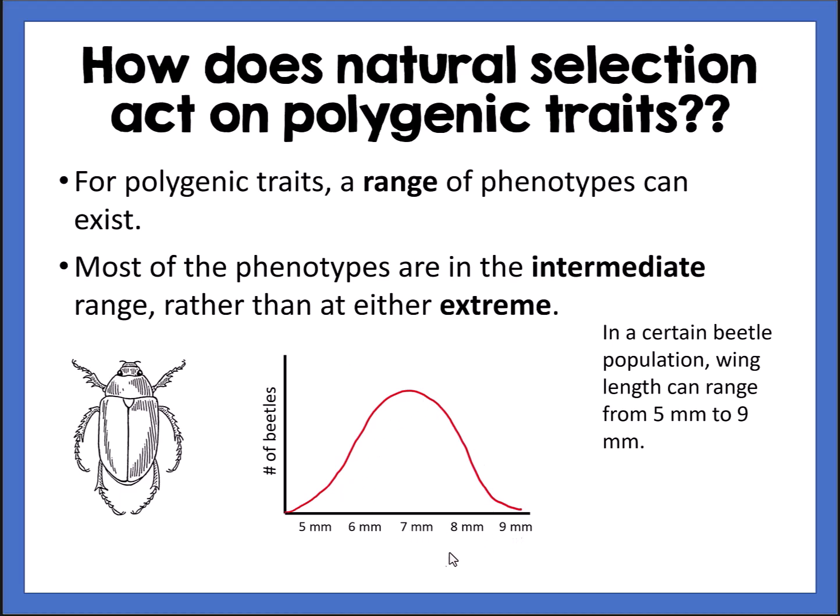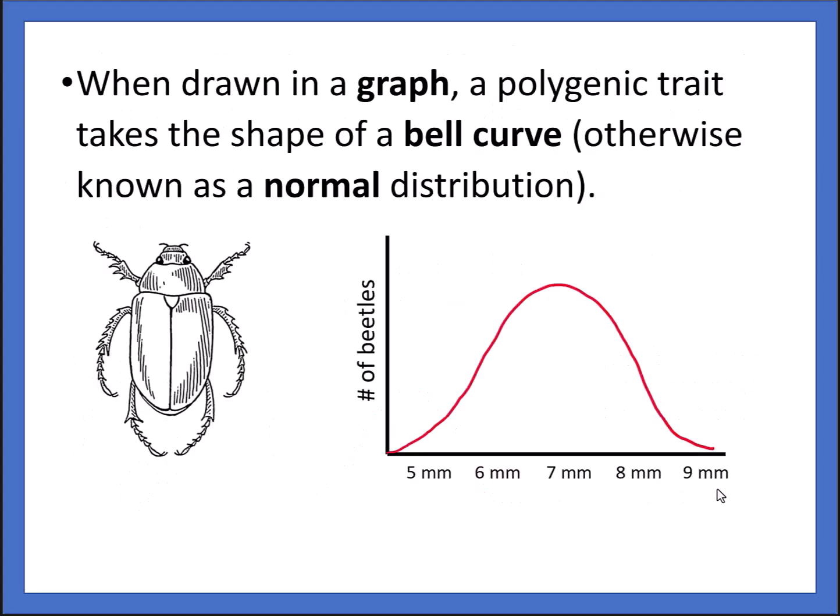But 7 millimeters in the middle is going to be where we get the highest number of individuals. So most of them are going to have a 7 millimeter wingspan, and then there are going to be fewer at those extremes. So when drawn in a graph, a polygenic trait takes the shape of a bell curve, as I just said, otherwise known as a normal distribution.